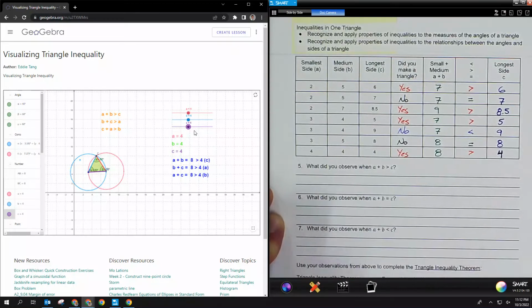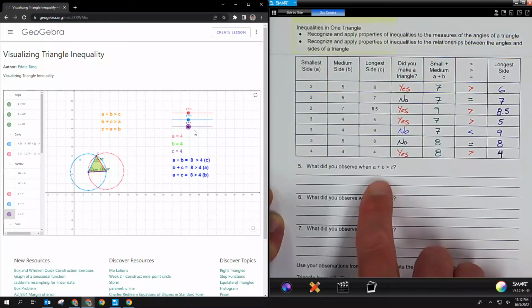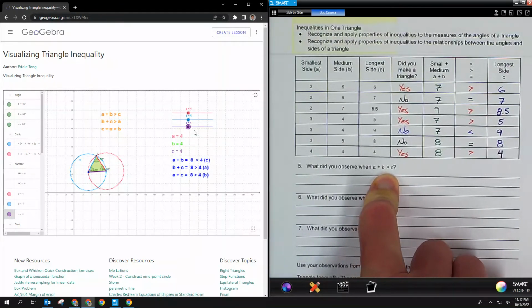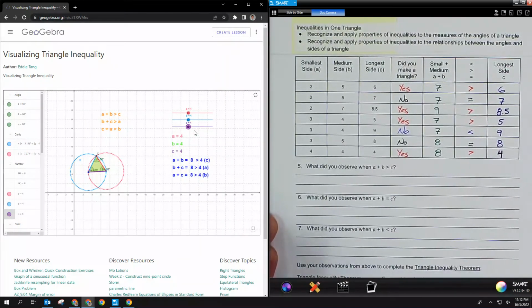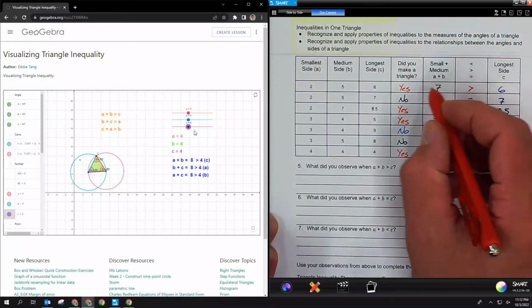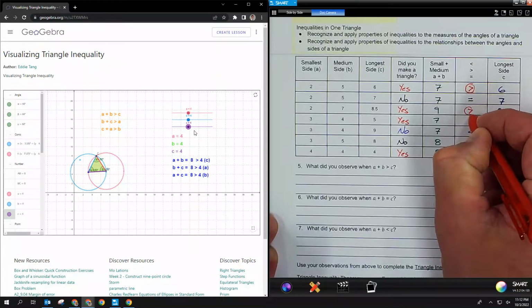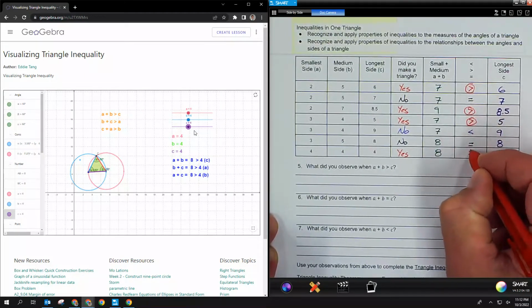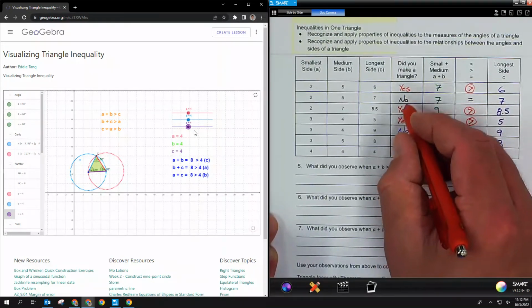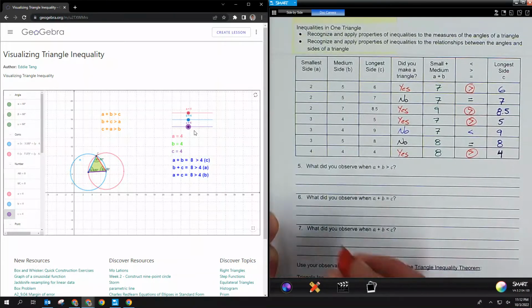What did you observe when A plus B was greater than C? Here, here, here, here. Every time that happened, a triangle was formed.